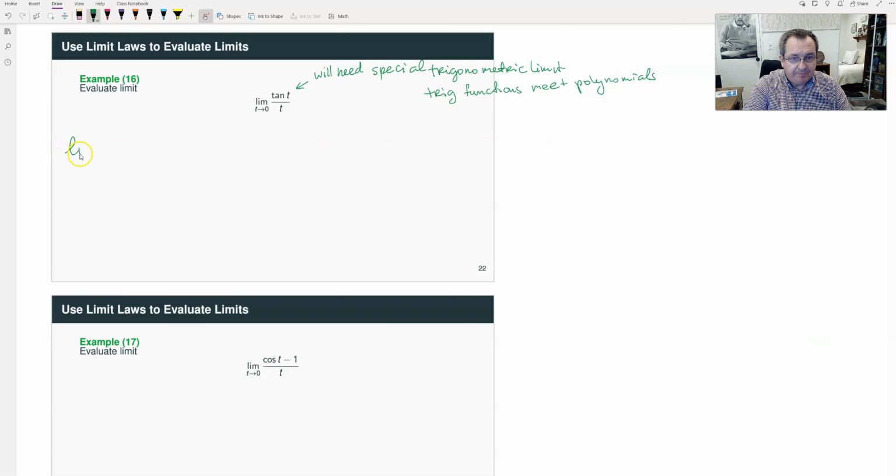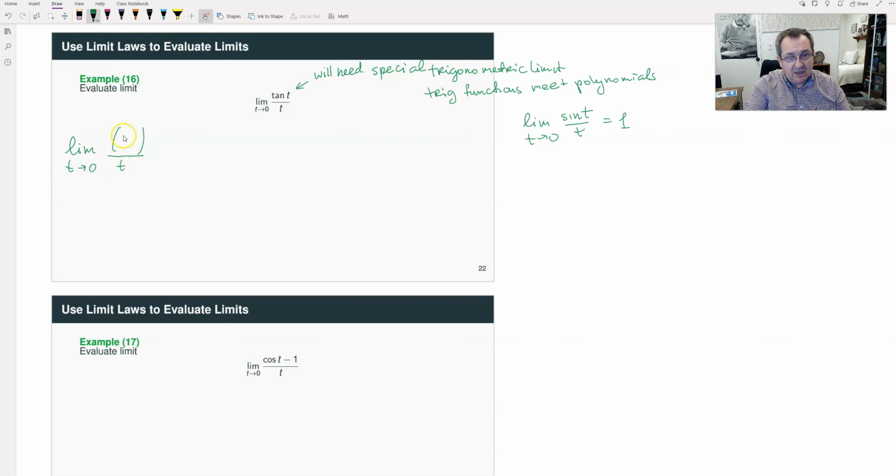So let's take a look. The special trigonometric limit is the limit as t goes to 0 of sine t over t equals 1. Now, I don't see sine t over t, I see tangent. What can we do? Can we rewrite that expression so that the special trigonometric limit can be seen clearly? Yes, we can, and in fact, it's not very hard.